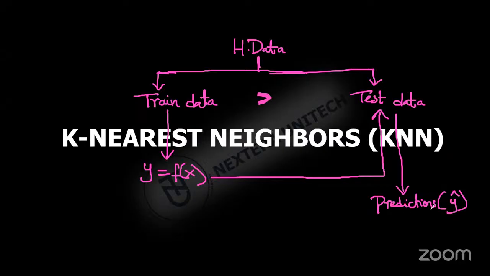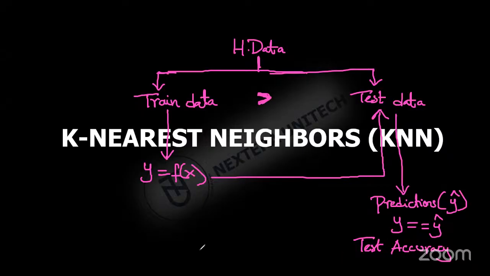As we have predictions, we also have actual data, right? So we'll compare actual with predictions. When you compare the actual output with the predictions, you will calculate accuracy, and this accuracy is called test accuracy, because you are doing this process on test data.